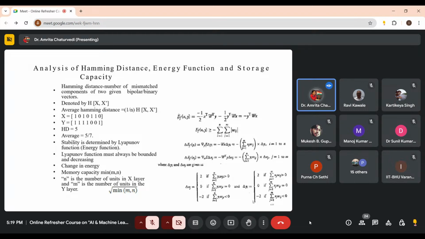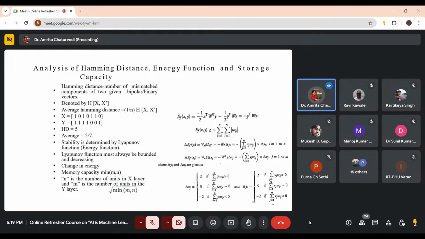So it is 1 0 1 0 1 1 0 and 1 1 1 1 0 0 1. So you see that these vectors differ at the second bit, fourth bit, fifth, sixth, and seventh bit, right? So at 5 places they are different in their values. So your Hamming distance is 5.